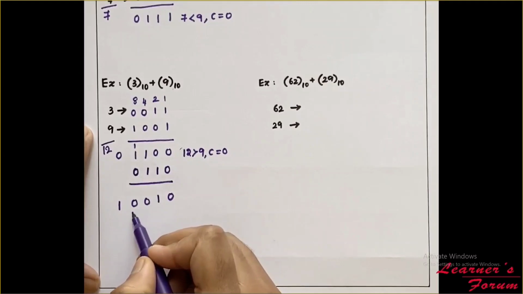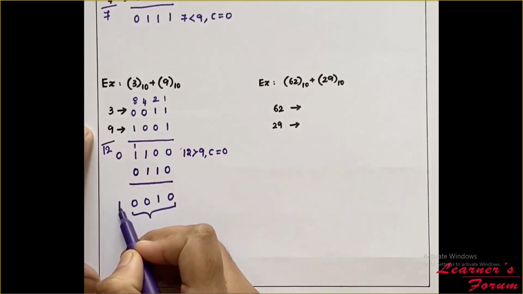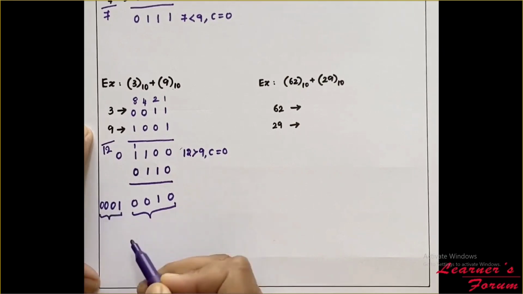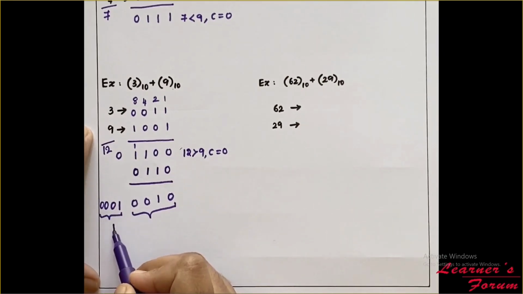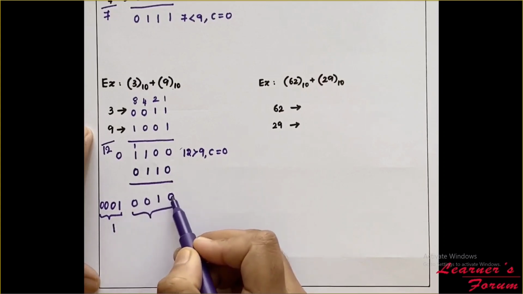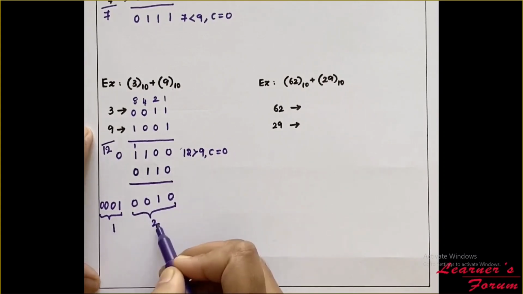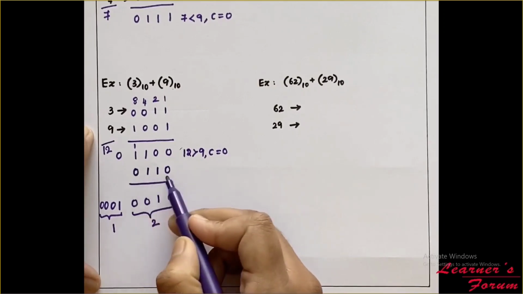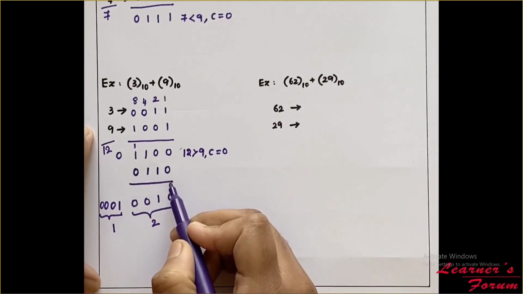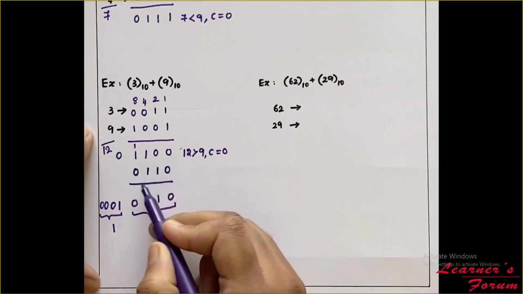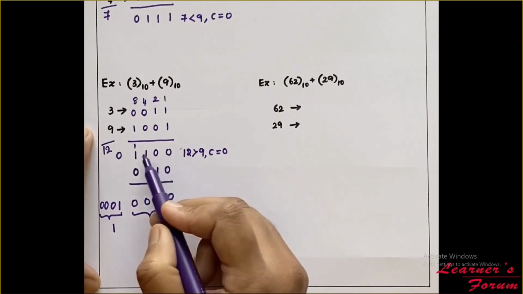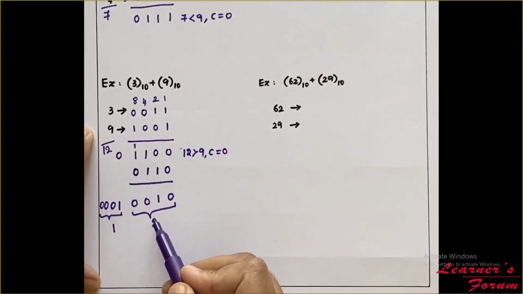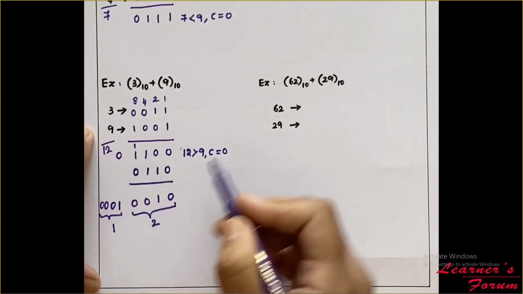So 0010 represents 2 and the carry 1 gives 0001. So now we have the value in terms of BCD: 1 and 2, the decimal equivalent of 12. This is the reason why we add 6 to the last digit whenever case 2 is satisfied. If not, we will get the value as 12, which belongs to the invalid code.